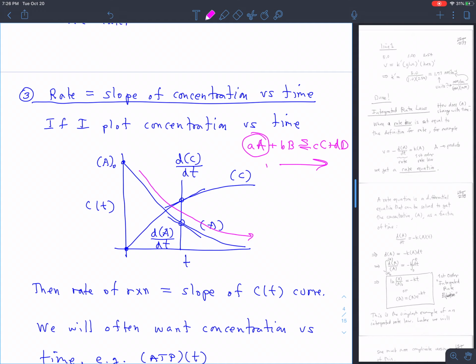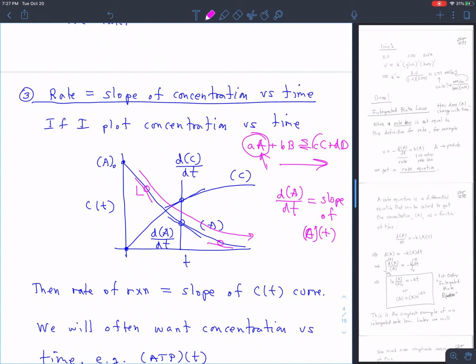Let's suppose A can be measured with an absorption spectrometer, for example, and I just monitor the absorbance of the A as a function of time and make a plot of it experimentally. Then the rate of change for that A at any one point, since the rate is changing as time goes by, is the slope of this curve. The derivative of A with respect to time is the slope of the curve of A as a function of t.